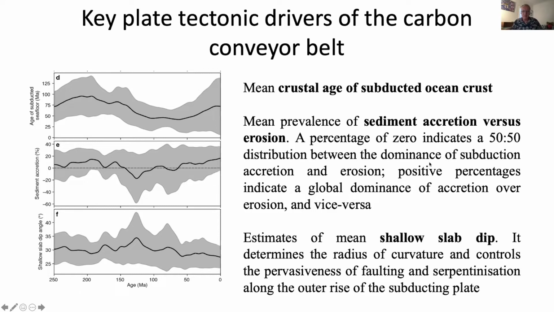And so we have a shortcut to approximate this ratio through time. Then the last element here is the shallow slab dip. The slab dip at subduction zones is important because how much the plate curves at subduction zones controls how much it falls, and this in turn drives the serpentinization along the outer rise of the plate.